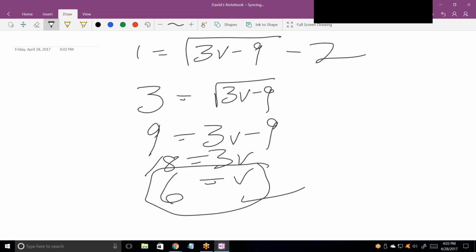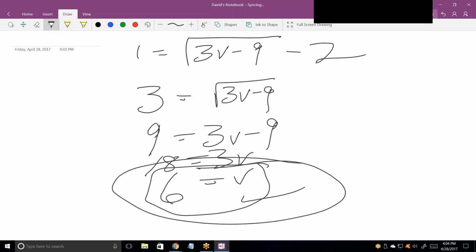In other words, I don't even have to check this. We get 9 minus 9, and the square root of 9 is 3. 3 minus 2 is 1. Everything's copacetic. If I would have gotten 2 solutions somehow, in other words, if this turned out to involve a quadratic that you had to factor, then make sure you check both solutions.